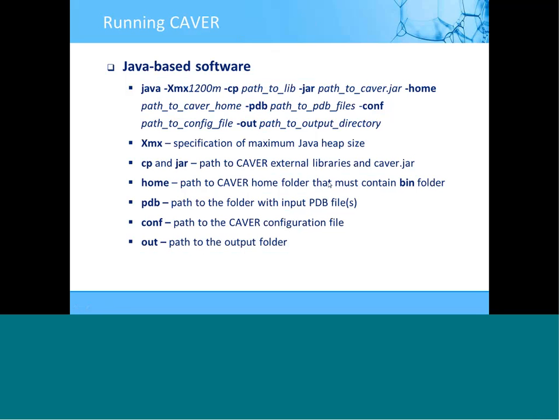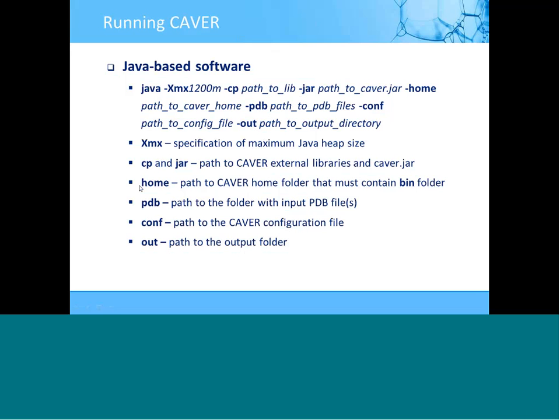So now more on the Caver itself. From the technical point of view, it's Java-based software, so you have to run it using Java. You have to use this really long command where the switches specify the maximum memory you can use. Then you have the cp and jar switches. They relate to the installation of Caver, so they are pointing to Caver files depending on where this is installed. Probably SBGrid will guide you on that.